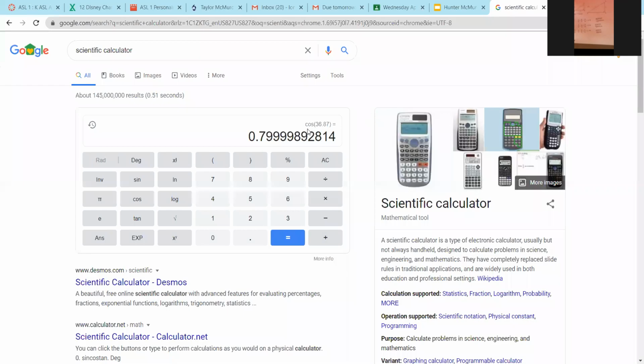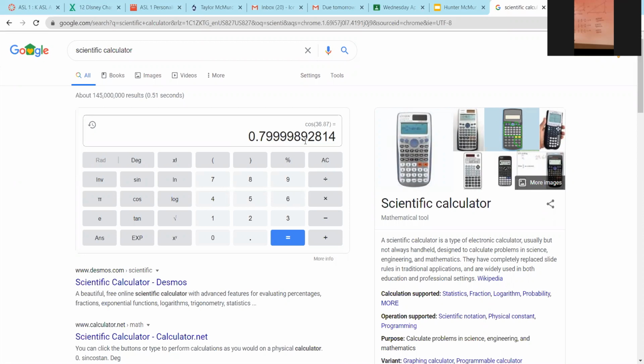Do you remember how we had a 0.8 right here? I just pushed cosine of that angle and it gave me that 0.8 or something super, super close to it.